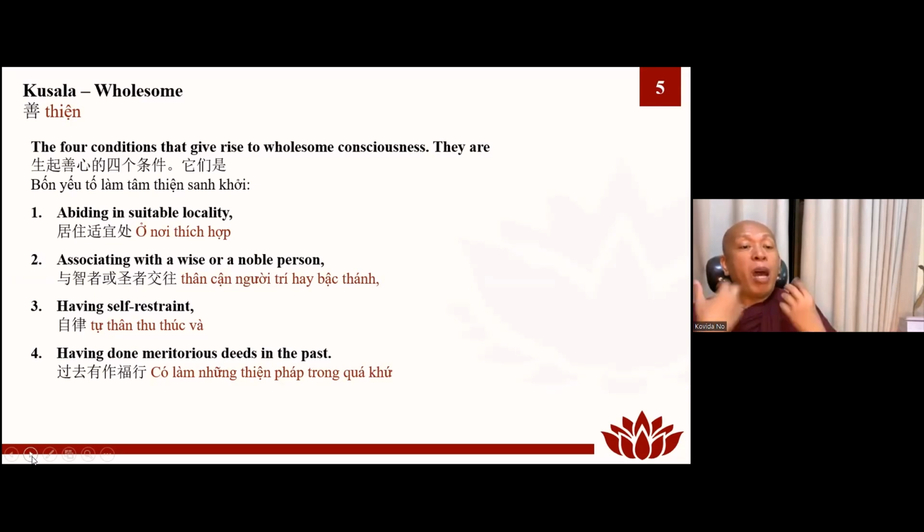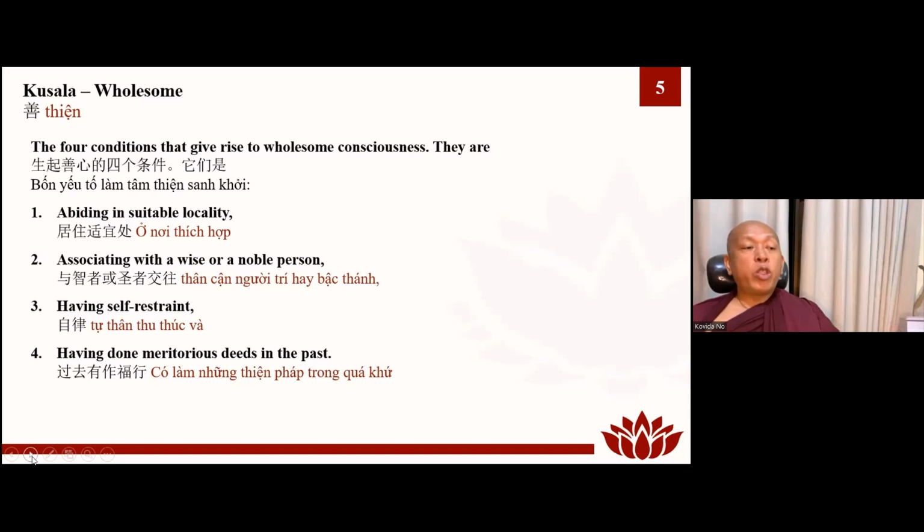So as we associate bodily, we also have to associate mentally. When we see some good behavior, we must train ourselves to emulate, to imitate. That's called associating with mind, mental association. Sometimes we speak a lot, we discuss a lot with wise people, but if we don't follow the way they practice, it's meaningless.